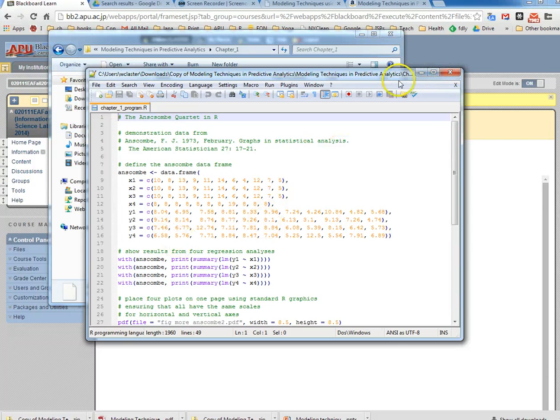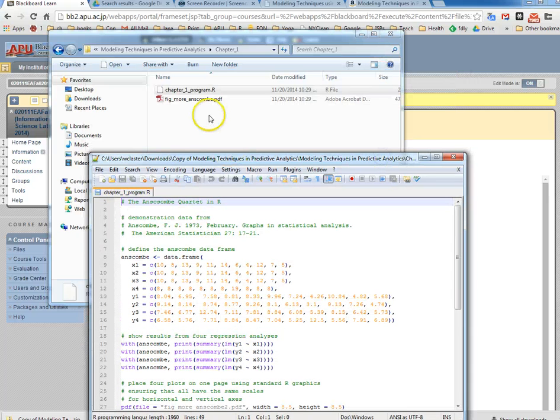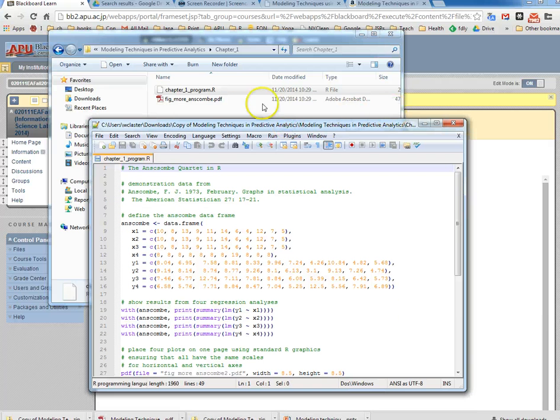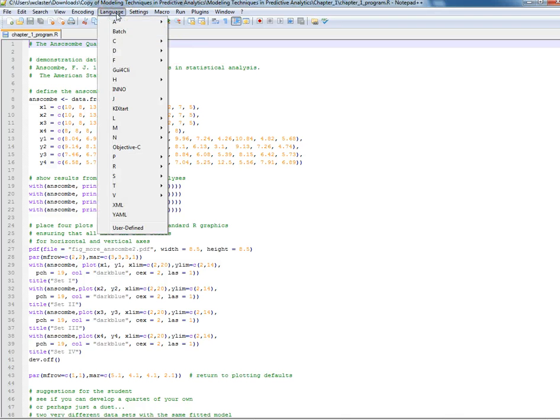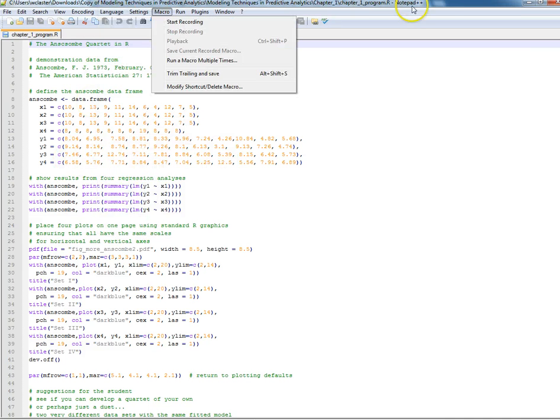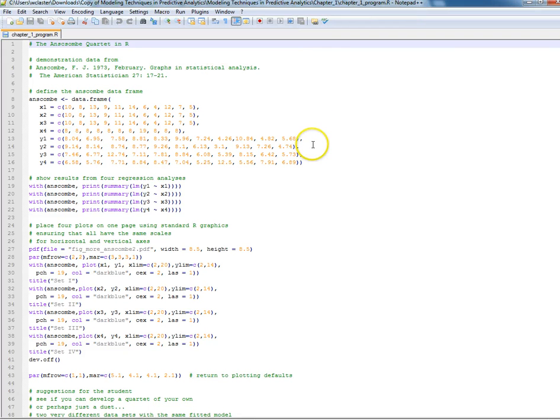When the file extension is .r like this, Notepad will treat it like R, in other words, it'll give these colors and so on. By the way, you can change the language here. There are many different programming languages. You could call this something else, and it would change the coloring. But it's appropriate for R, so we want to keep it this way.